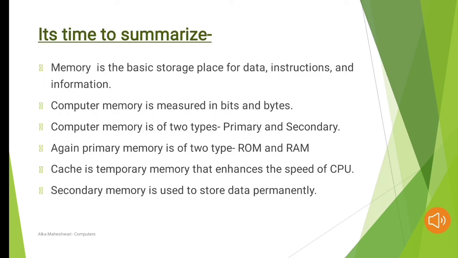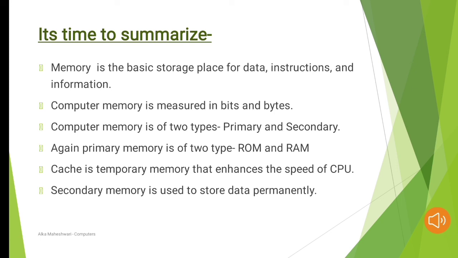Now, it's time to conclude the chapter. I think now all of you are very well aware of these points. Memory is the basic storage place to store data, instructions and information. There are two types of memory, primary memory and secondary memory. Primary memory is the internal memory, which is again of two types, that is ROM and RAM.